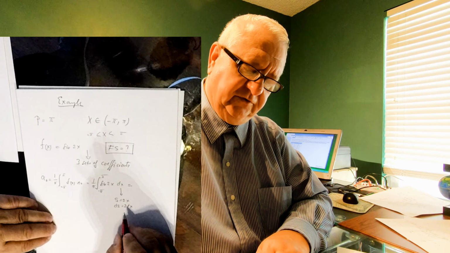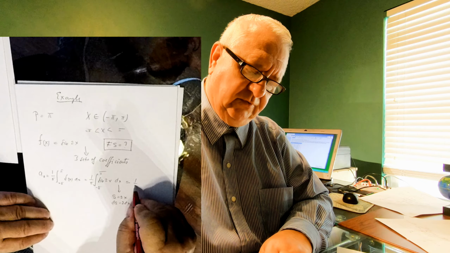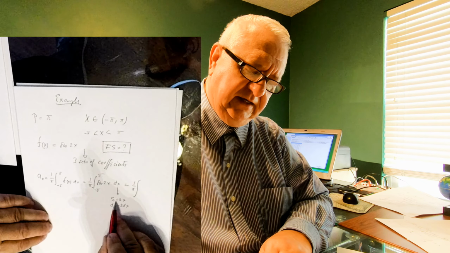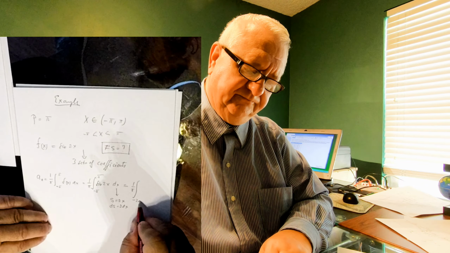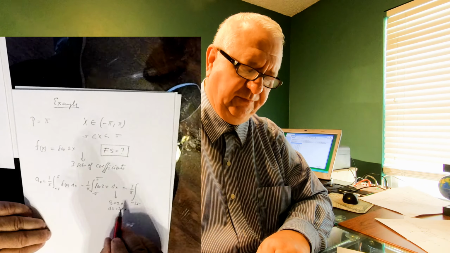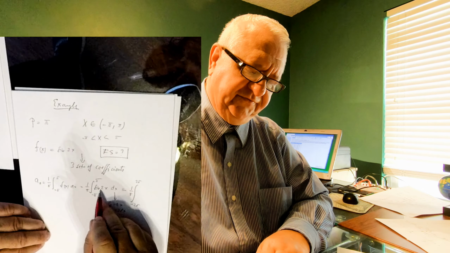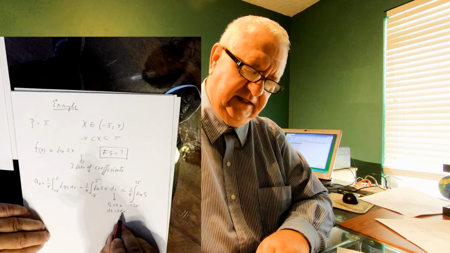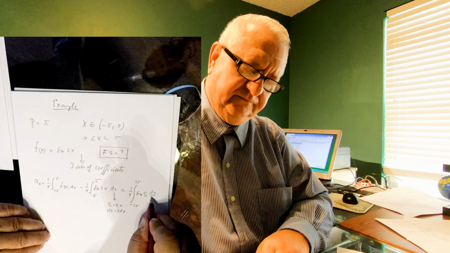I'm going to move very slowly, so my integral becomes 1 over pi integral. When x is minus pi, s is minus 2 pi. When x is pi, upper limit, s is 2 pi. Sine of 2x becomes sine of s, and dx is ds over 2.